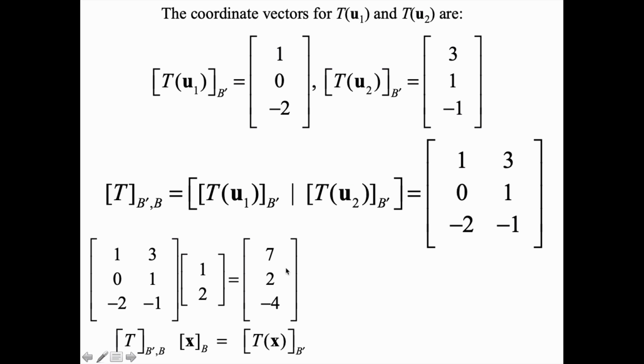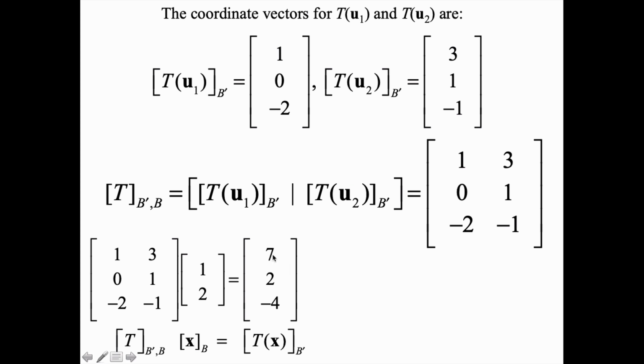And it's not supposed to look exactly the same, but in a moment you'll see how familiar it really is. This simply means we're taking the transformation from B to B prime on a vector x relative to basis B, and this new coordinate vector of the transform vector x relative to B prime is what this means.